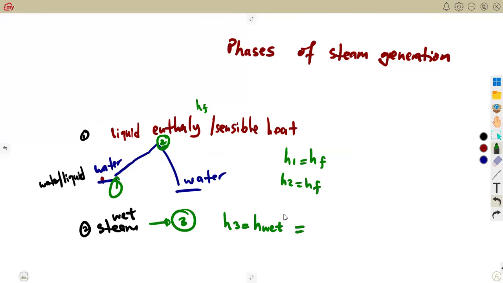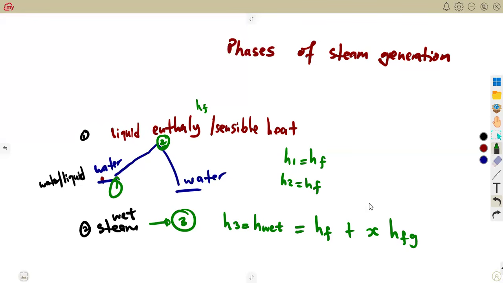In this case, we are going to have a formula now: H wet = HF + X HFG. HF, remember, is the liquid enthalpy or the sensible heat.